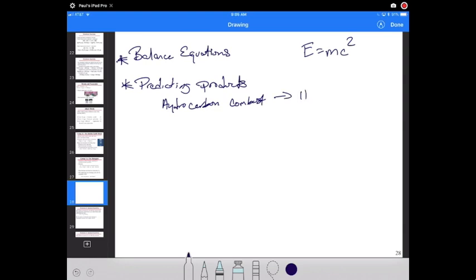Water, good, and CO2 gas. What is a hydrocarbon? A compound that has what? Was it hydrogen and carbon, or hydrogen, carbon, and what? Oxygen. They have those elements. It can be considered a hydrocarbon.